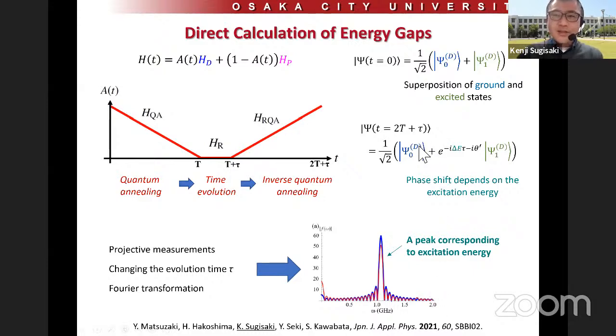So in this case, usually the adiabatic state preparation or adiabatic quantum computation is performed by starting from a single eigenstate, such as the ground state. But if we use the superposition of ground and excited state, we can obtain the energy gap directly.